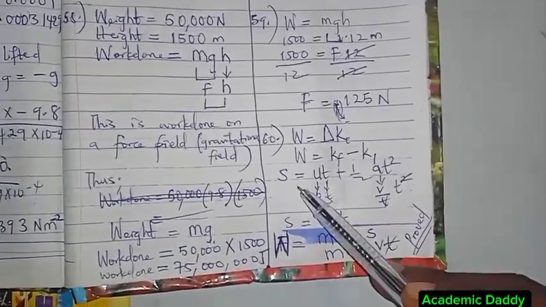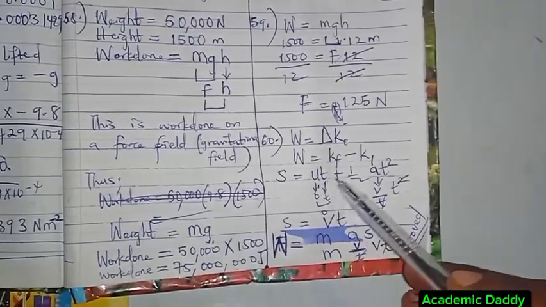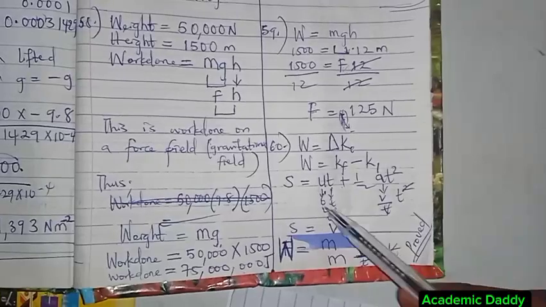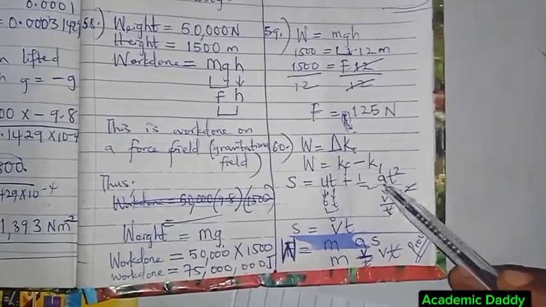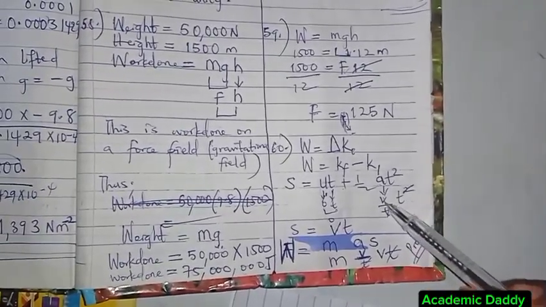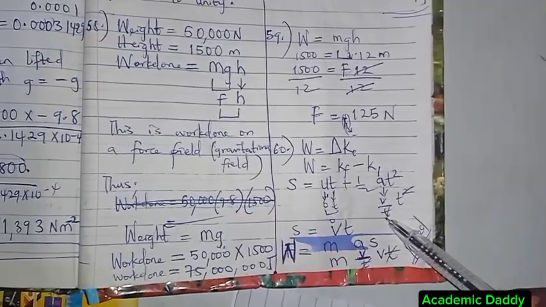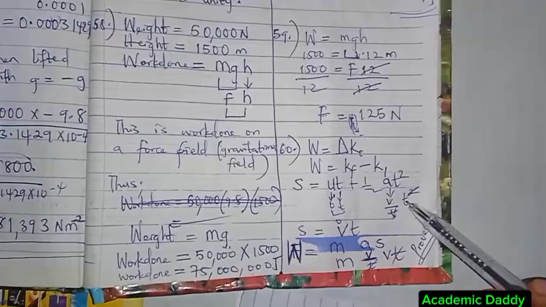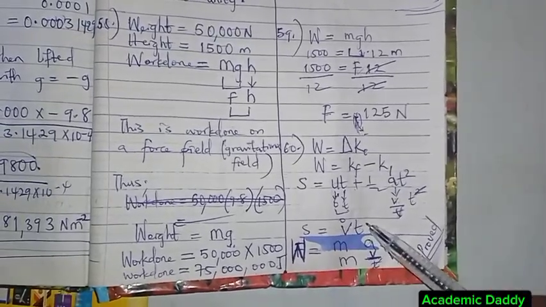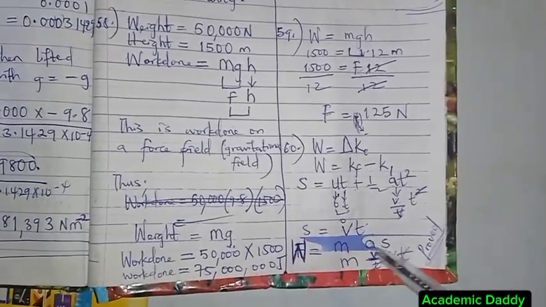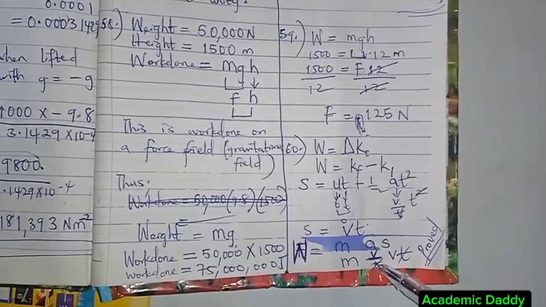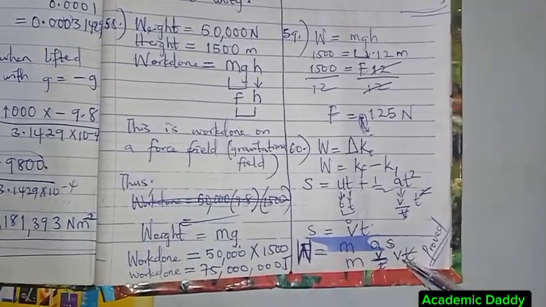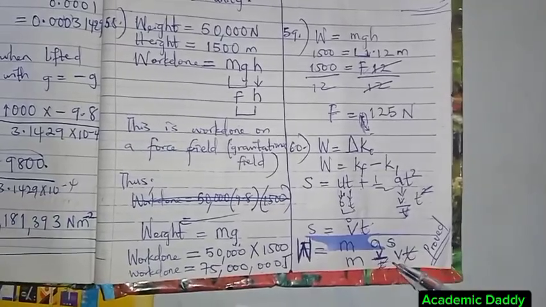We said going to kinematics, we know that distance is equal to ut plus half at squared. Initial velocity u is 0, so everything with it is 0, leaving half at squared. Remember that a is equal to change in velocity, or derivative of velocity over time. So when you put this, t squared will cancel one t, and you have vt, so S is equal to half vt. Remember that work is equal to mas. Now replace v over t for a. Now put the S that you got here, then v over t times vt, t and t will cancel out.